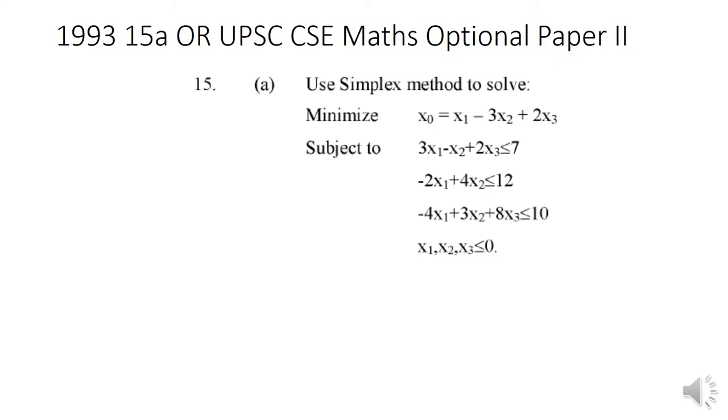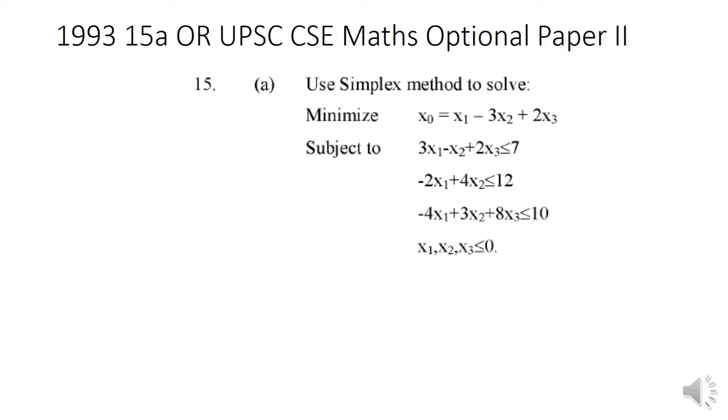Another is that we convert it into a maximization problem and then solve it, and in the end when we get the value of z, we put a minus sign, so the positive value is converted into a negative value. That is the procedure. So we will be doing it with minimization only.